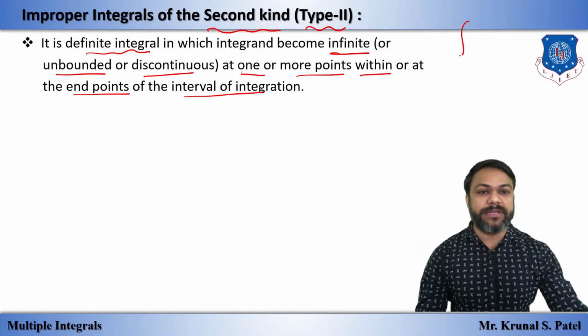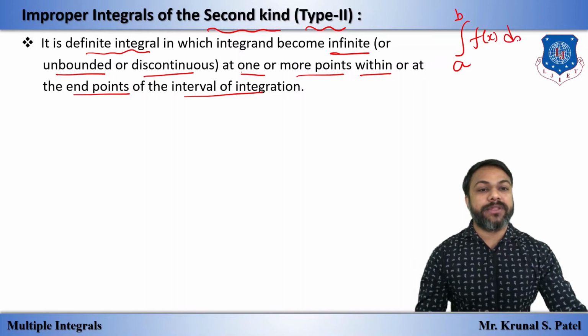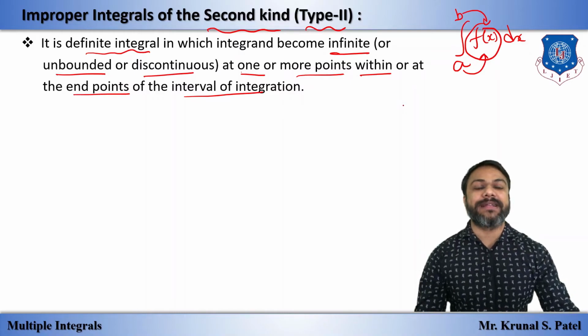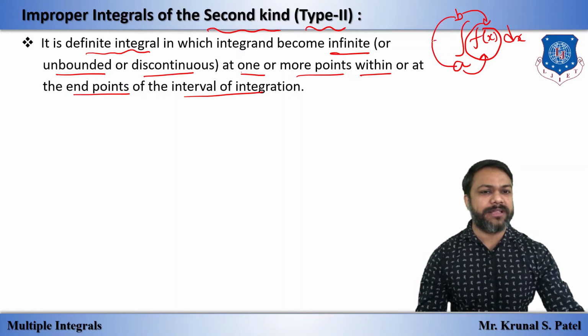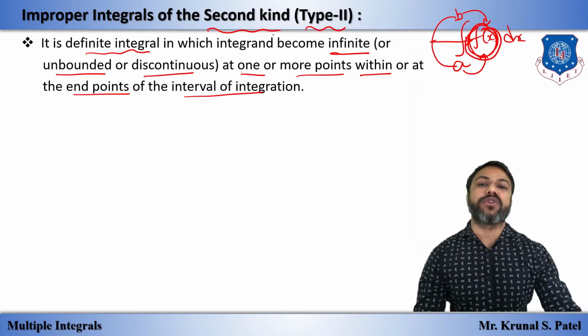That means if this integration is given, and if this function f of x is infinite at a or at b, or within this interval a to b, f of x becomes infinite, then it is of second kind.